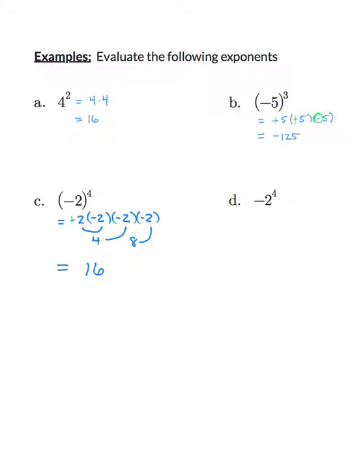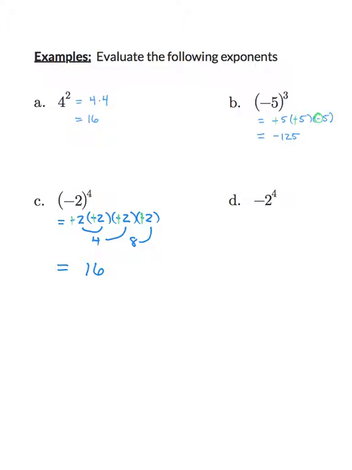Or we can cross out our negatives in pairs, and no negatives are left over, so our answer will be positive. So this is what happens when it is inside the parentheses. We include the negative in each one of our factors.